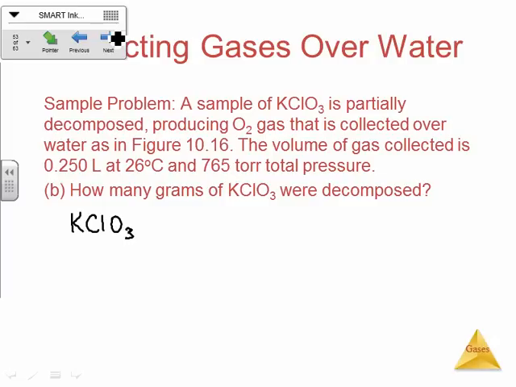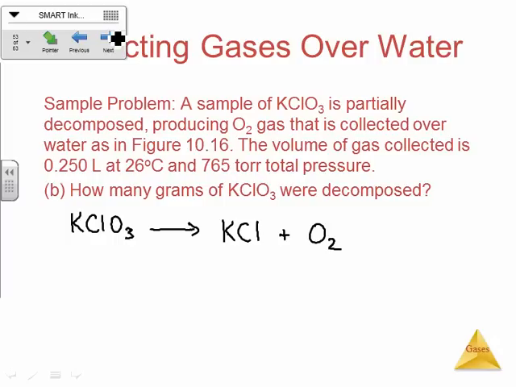This is a specific decomposition that you should hopefully remember. This is going to decompose into KCl plus O2. When you have a chlorate decomposing, it's going to decompose into a salt and oxygen gas.